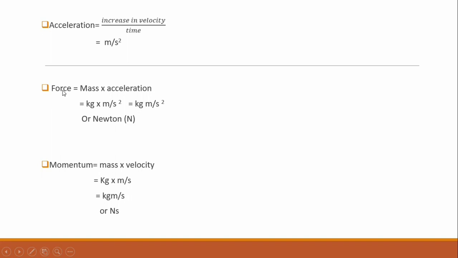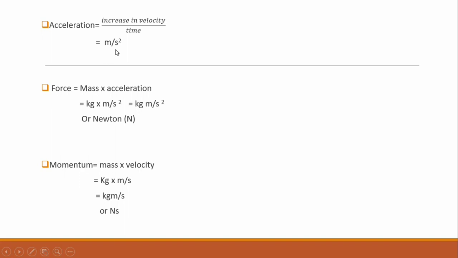The next is force. Force mathematically is given by mass times acceleration. We know that the SI unit for mass is kg, and the SI unit for acceleration is meter per second square. We have done that before.